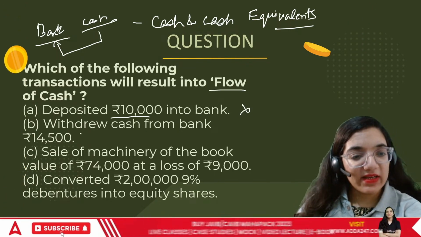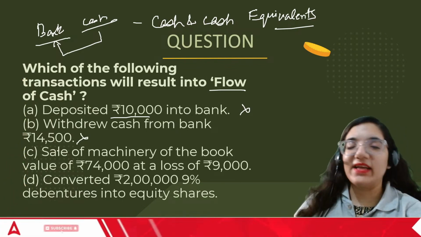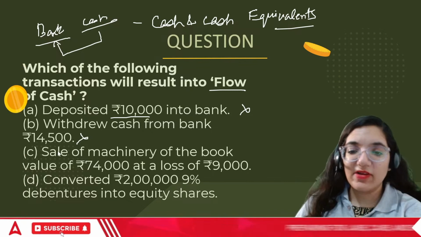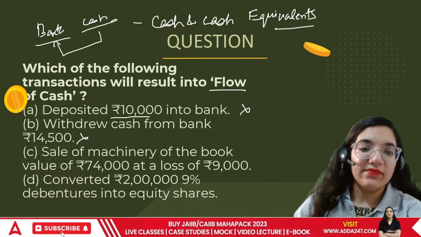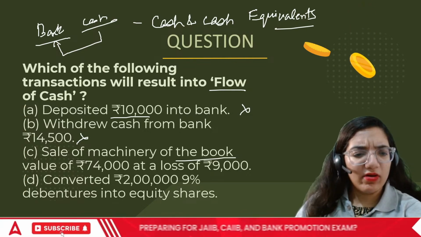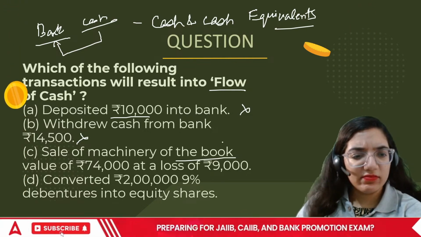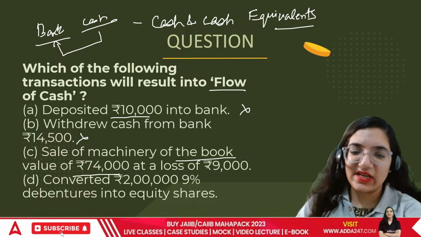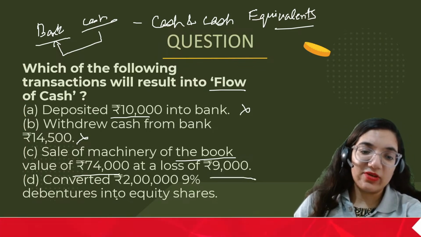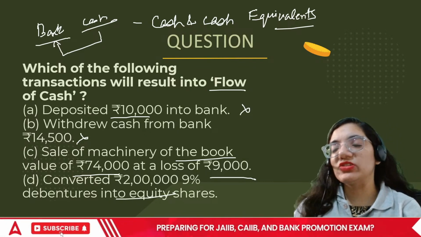Withdrew cash from bank is the same scenario. If bank is converted into cash and cash is converted into bank, this is not to be treated as flow of cash. Then sale of machinery of book value 74,000 at a loss. So there I can see a movement there. If I convert some equity shares into some debentures, there is no movement of cash.